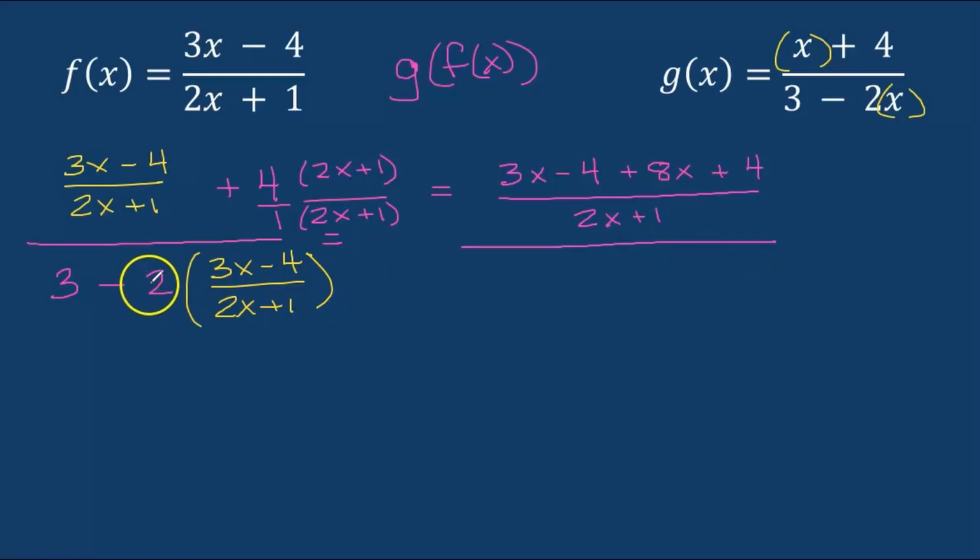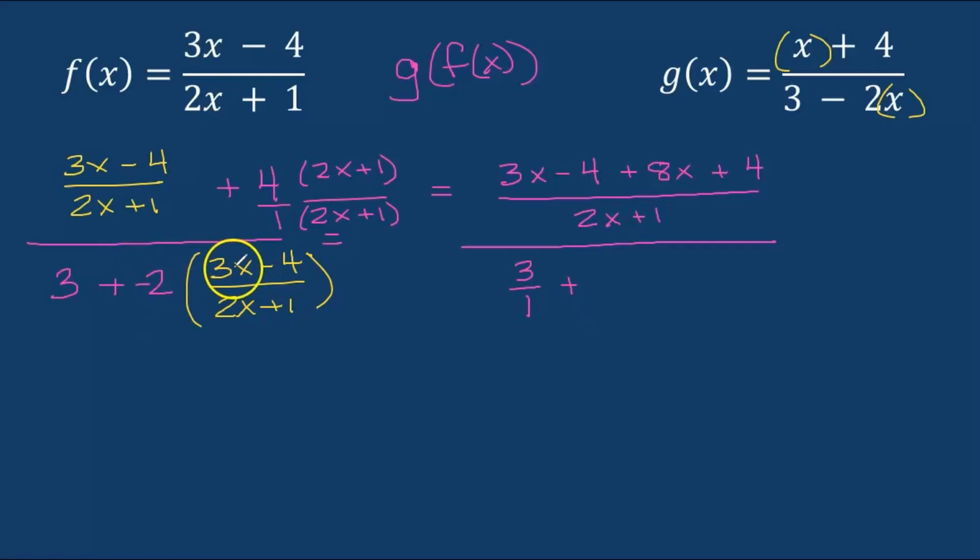On the bottom, I have 2 that needs to be distributed into this numerator. So I'm going to go ahead and do that over here. That first 3 can be turned into a fraction. Now I'm going to make this a plus because instead of thinking about it as minus 2, I'm going to think about it as plus negative 2 distributed in here.